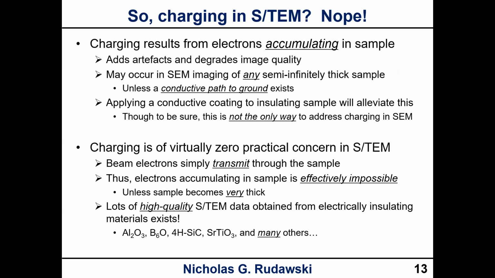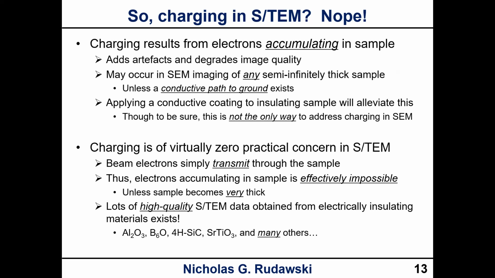So in other words, if you had a metal sample that you were imaging, but it was electrically insulated from ground, you would have charging issues with that as well. So charging can affect literally any sample in SEM.